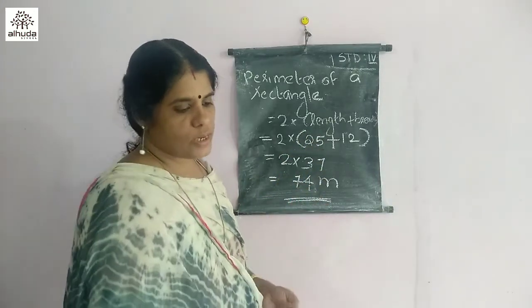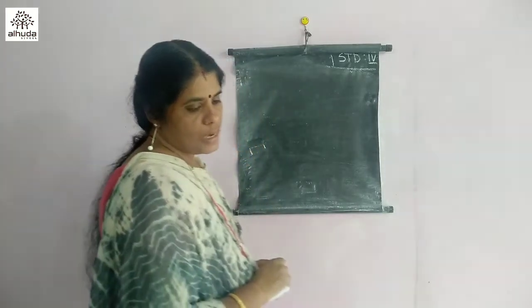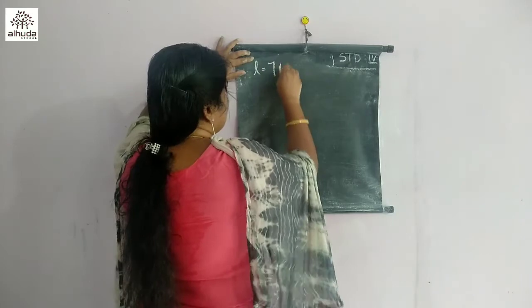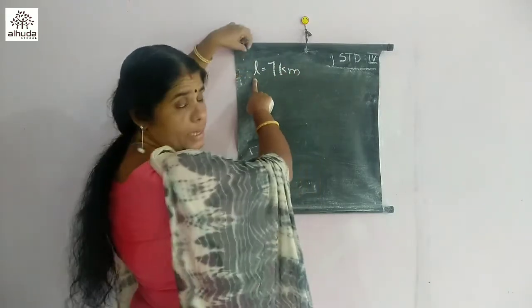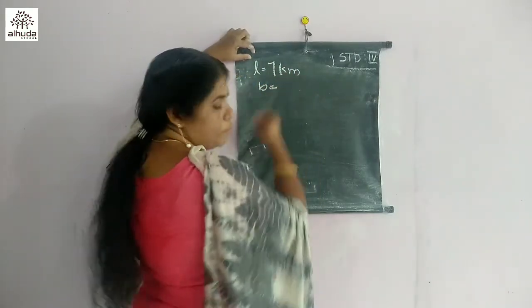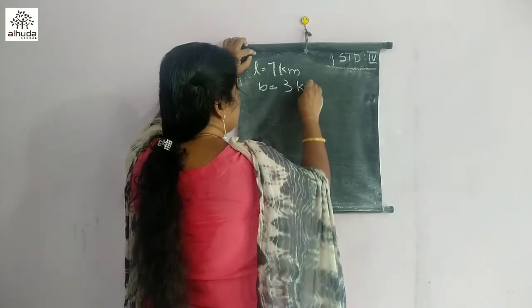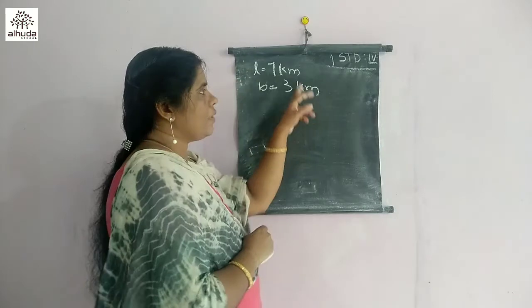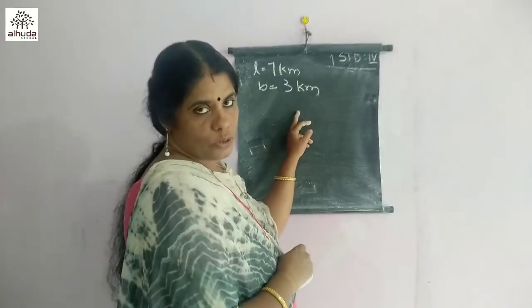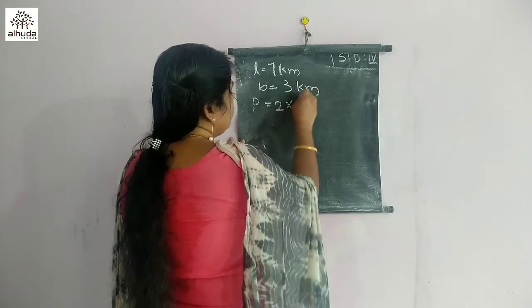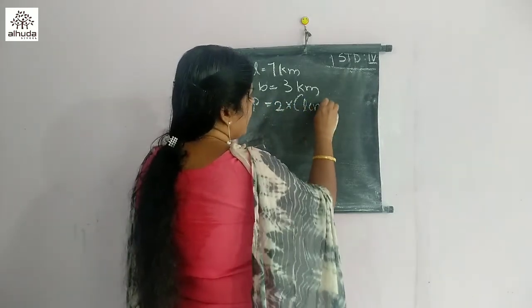Next question. A rectangle whose length is 7 kilometer. For length I am writing L here, for breadth I am writing B here. Breadth 3 kilometer. Length and breadth are given in kilometers, so the answer also should be in kilometer. Perimeter is equal to 2 into (length plus breadth).